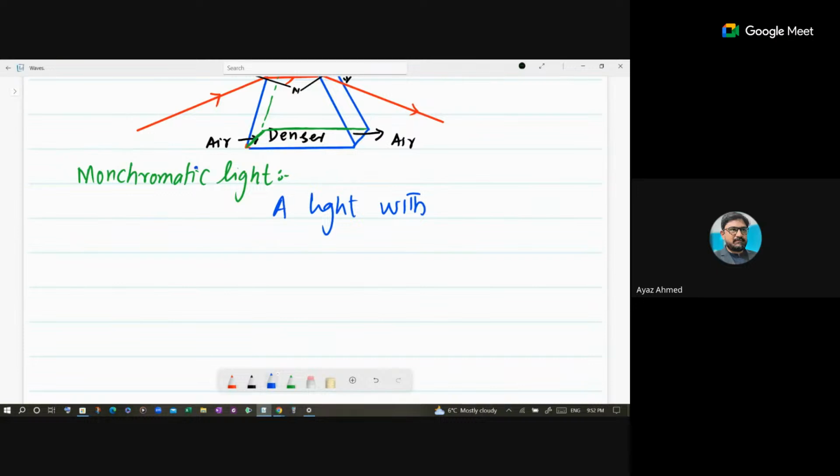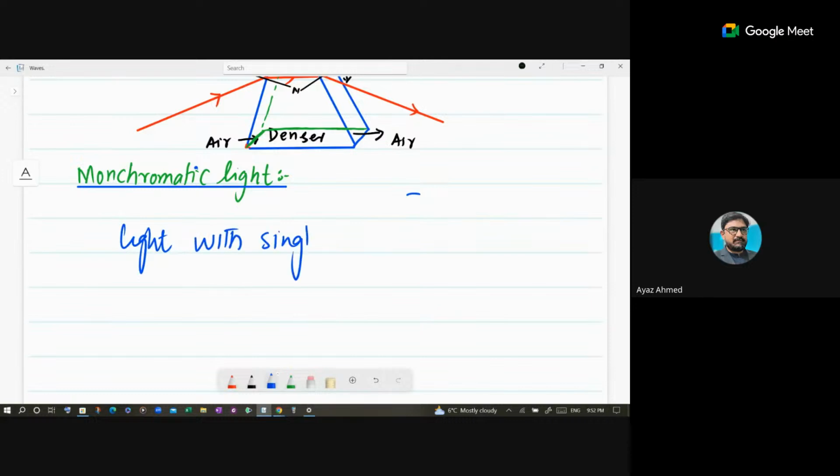So in waves or in light, the color is the representative of wavelength. So we can say that monochromatic light means light with single color. Okay, is this clear to all of you? Single color or wavelength, or you can say frequency.